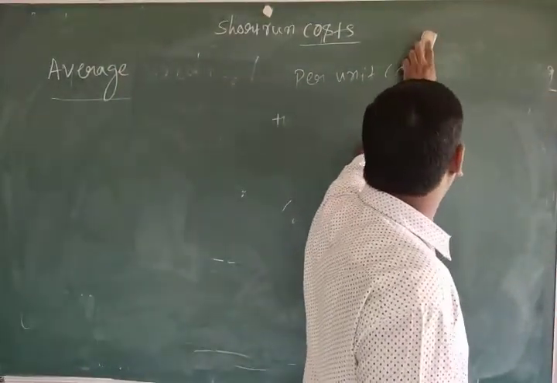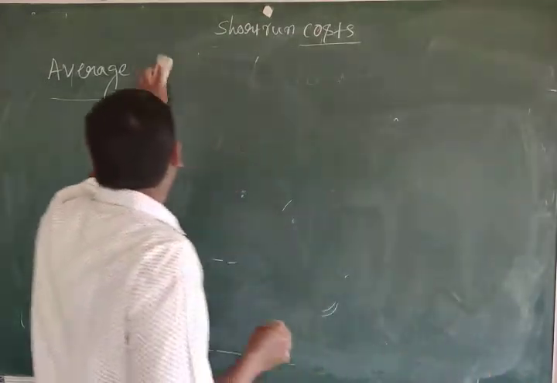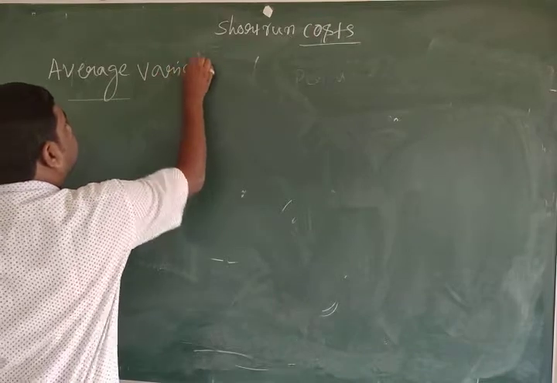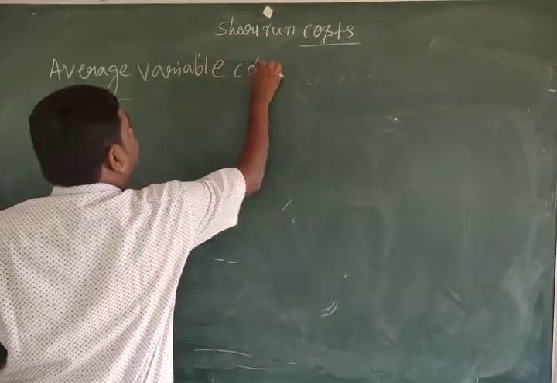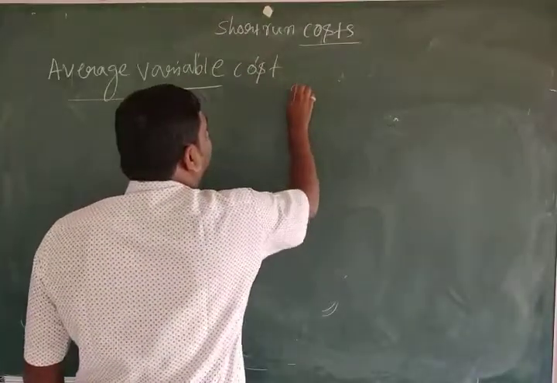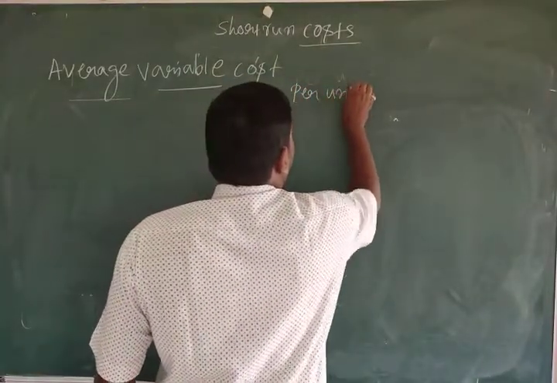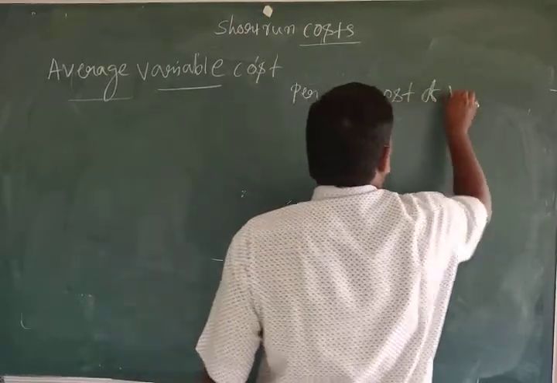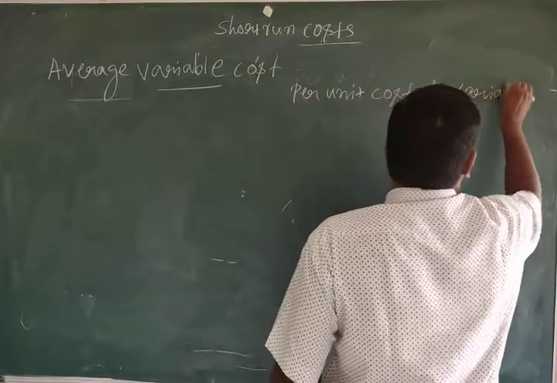Next is average variable cost. It is also simple. It is the per unit cost of variable factor.